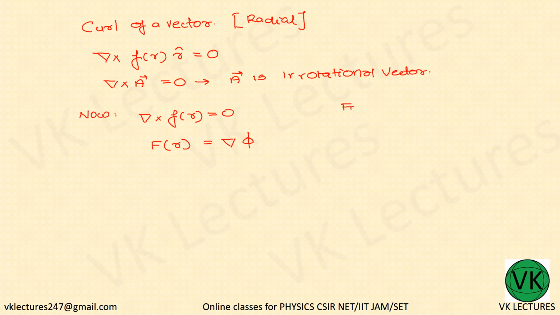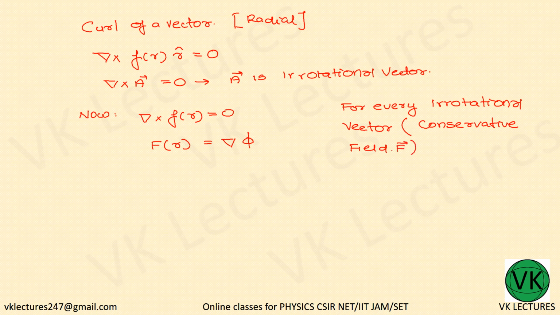That means for every irrotational vector, or you can write it as conservative field, for an irrotational conservative field F, there exists a scalar phi such that gradient of phi is equal to f.